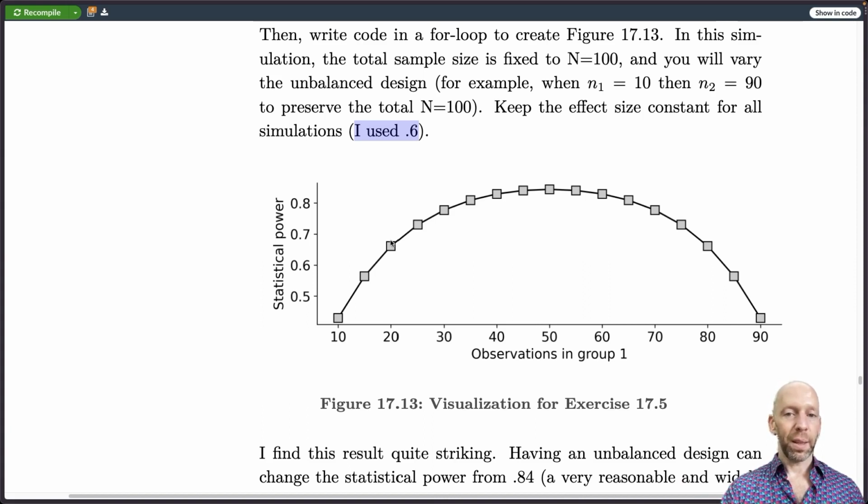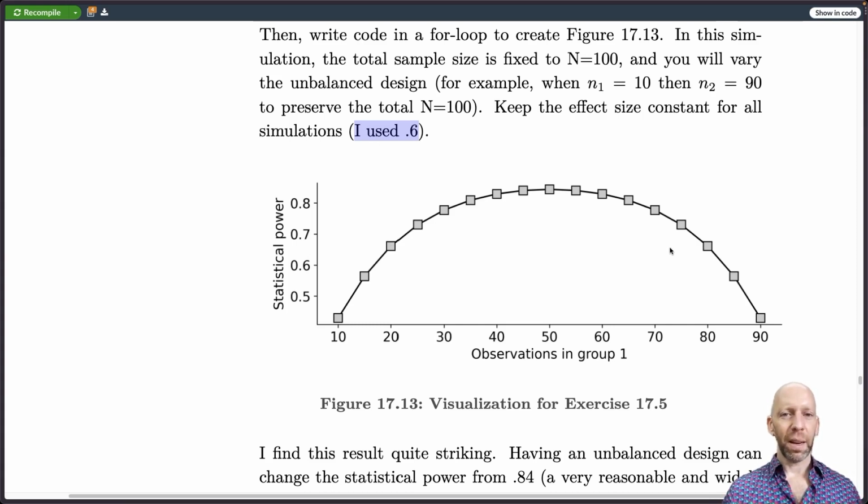So for this data point here, there are 20 observations in group 1, which means that there are 80 observations in group 2. Even though the total sample size is the same and the effect size is the same, because we have this unbalanced design, the statistical power ends up being considerably smaller compared to when it was an even design over here.